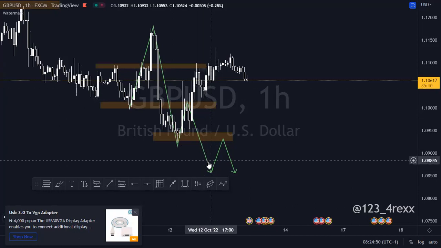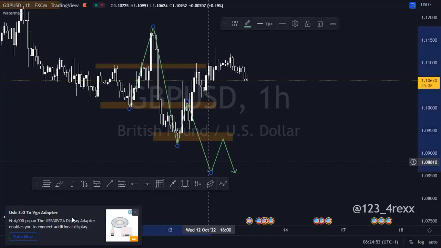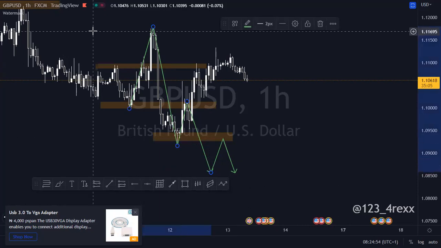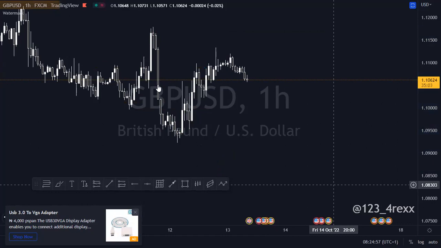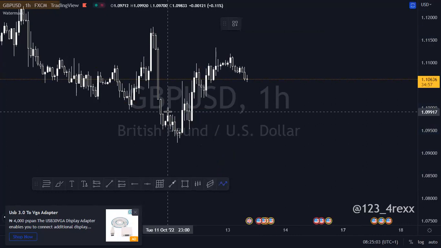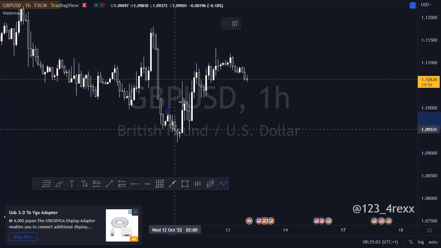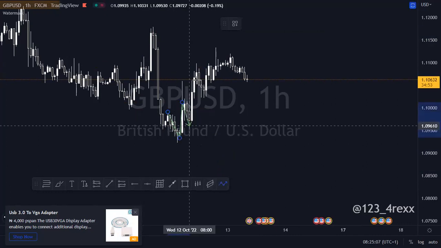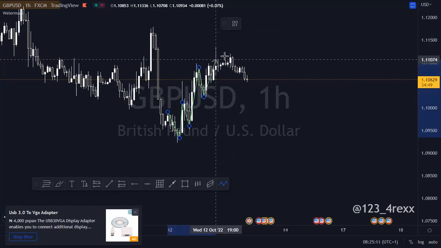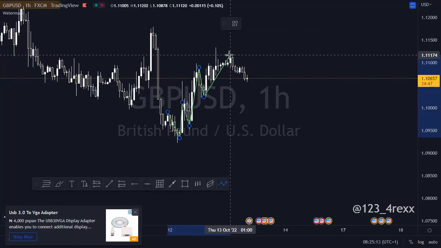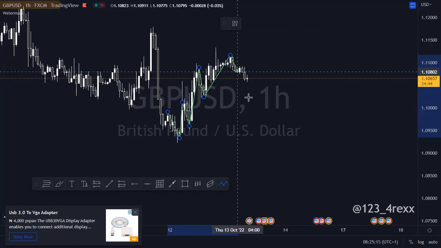Let me clear this whole thing. So basically, it pushed below a break of that high, retested, created another higher high, another higher low. Then we created another higher high. So now we're pushing down.